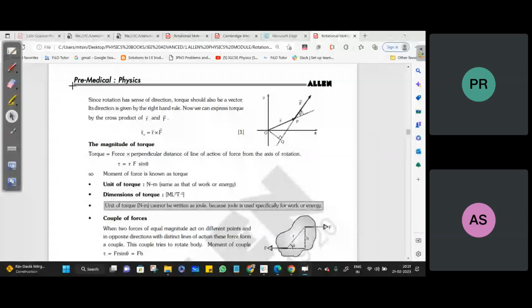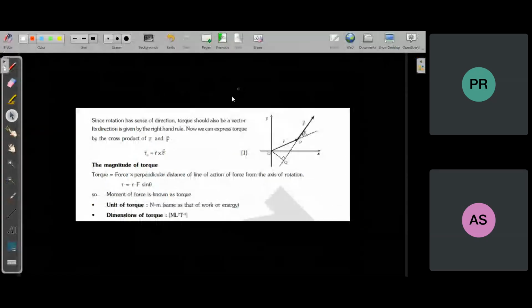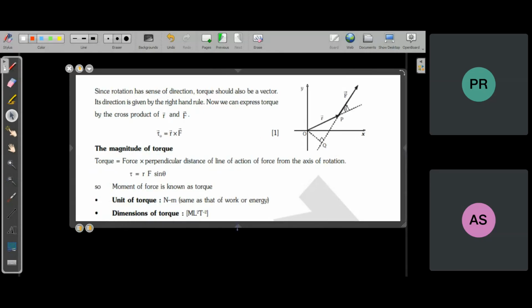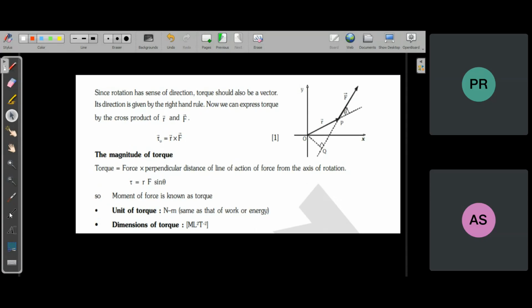Now let's come to the general definition of the torque first. Okay, general definition of the torque, mathematical definition of the torque. So suppose that there is a body, and on that body some force is acting at a particular point.